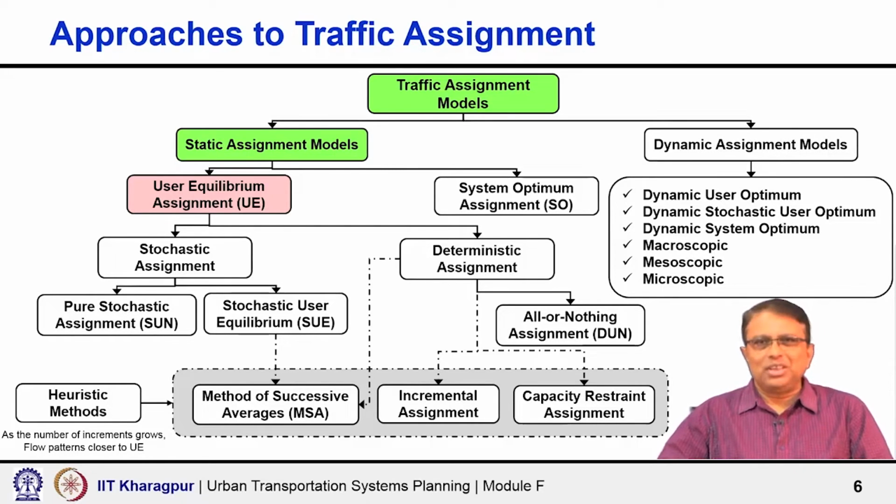You can call it user optimal, system optimal, user equilibrium, system optimal, whichever way. Now, what is this and why does this come into the picture under static assignment? So, the static assignment model can grossly be divided into two categories based on the basic fundamental principle followed for assignment. One may be user equilibrium, another is system equilibrium or system optimal.